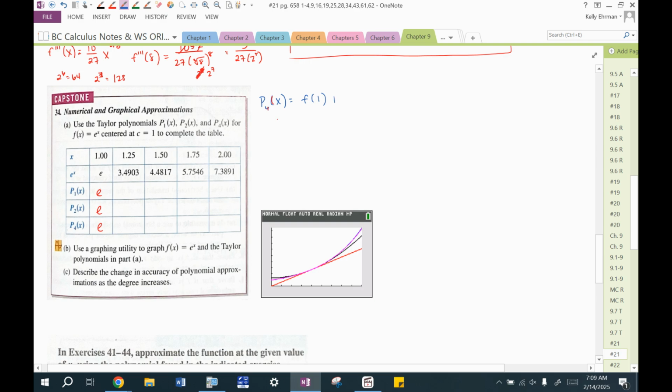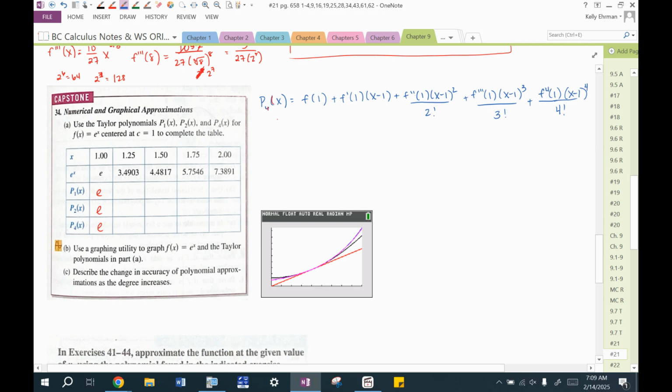So f of 1 plus f prime of 1 times x minus 1 plus f double prime of 1 times x minus 1 squared over 2 factorial plus f triple prime of 1 times x minus 1 cubed over 3 factorial plus f fourth derivative at 1 times x minus 1 to the fourth over 4 factorial.